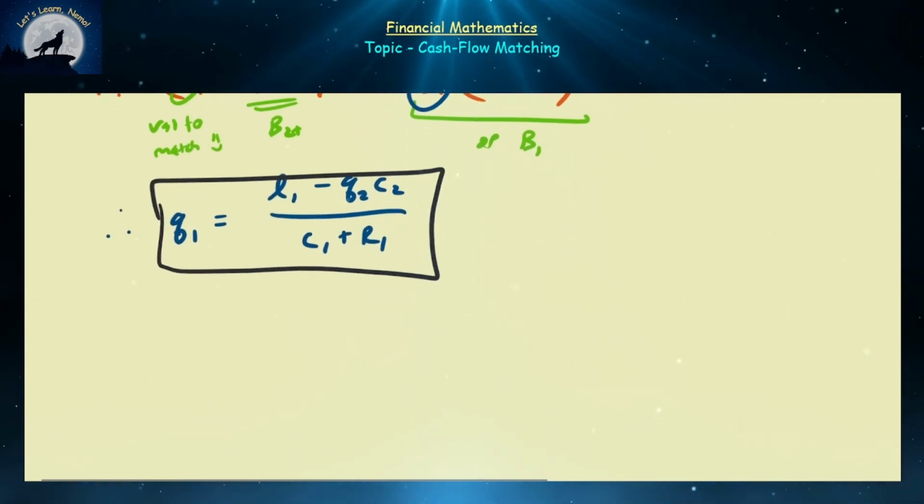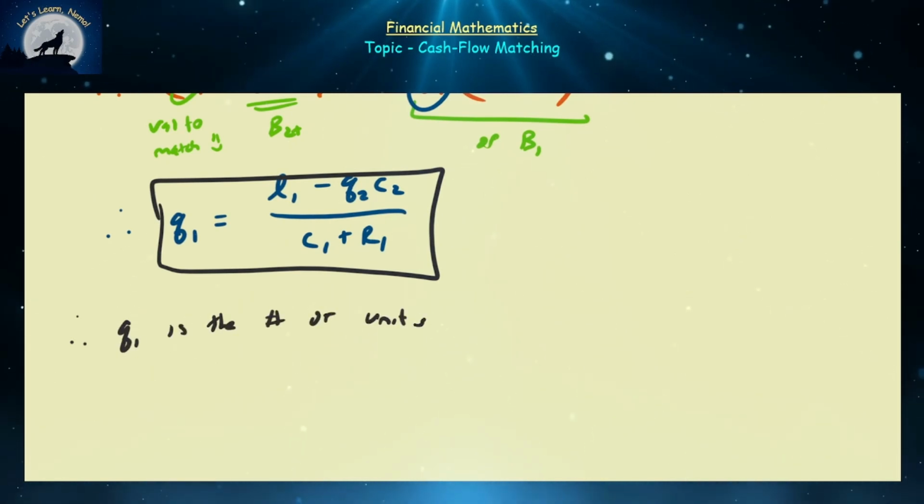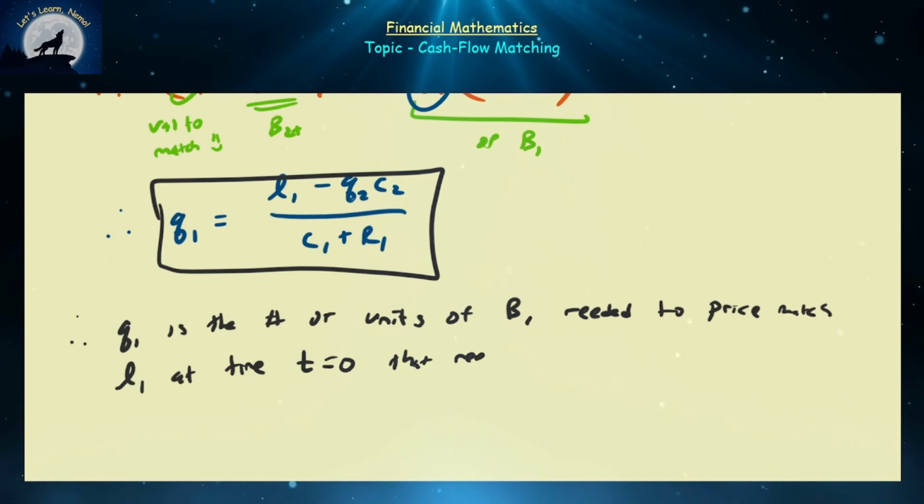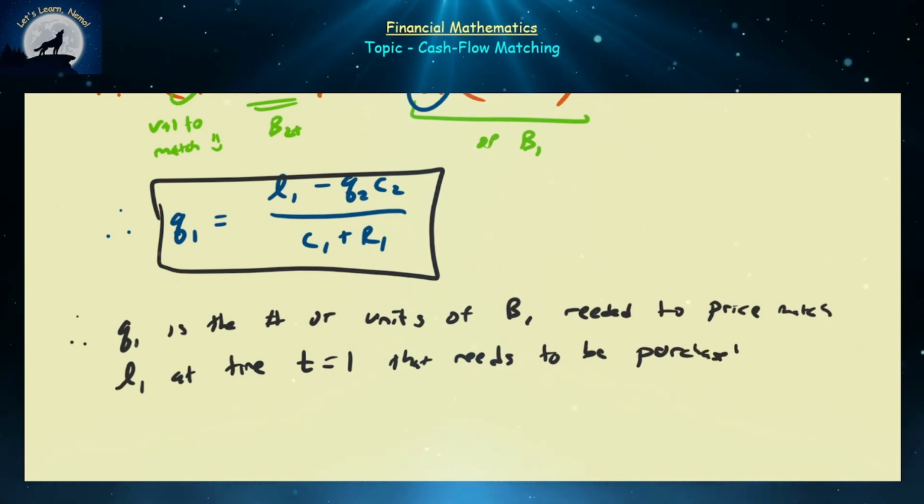So what does this mean? Interpretation of this Q1: Q1 is the number of units of B1 needed to price match L1 at time t = 1 that needs to be purchased at t = 0, the same exact time that we bought bond number 2.